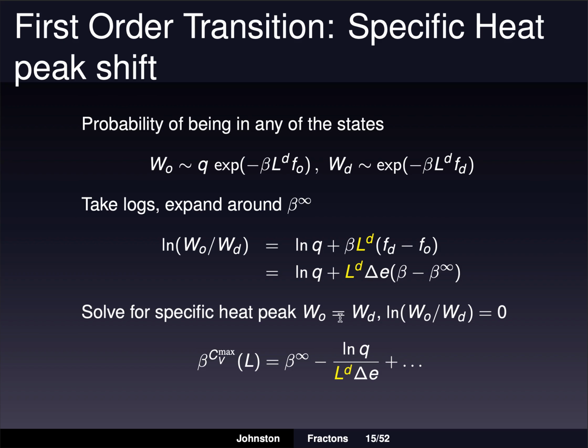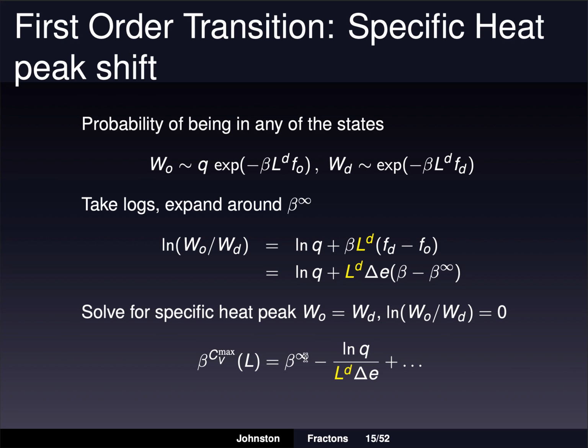And then we notice that at the peak, W ordered is equal to W disordered, so the logarithm is 0. And just as we did for the second order phase transition, we can turn the expression around to make it into an estimate for the finite size critical peak in the specific heat.